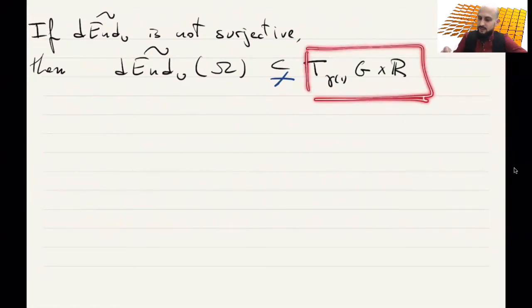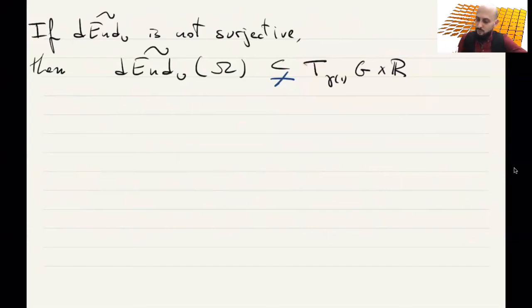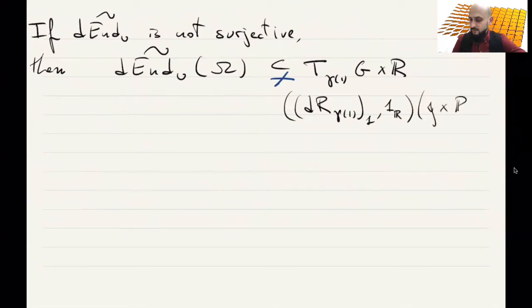We can see it as the push forward by the right translation by gamma u of 1 of the identity of G comma the identity of R, which actually should be called 0, of the tangent space at the identity.